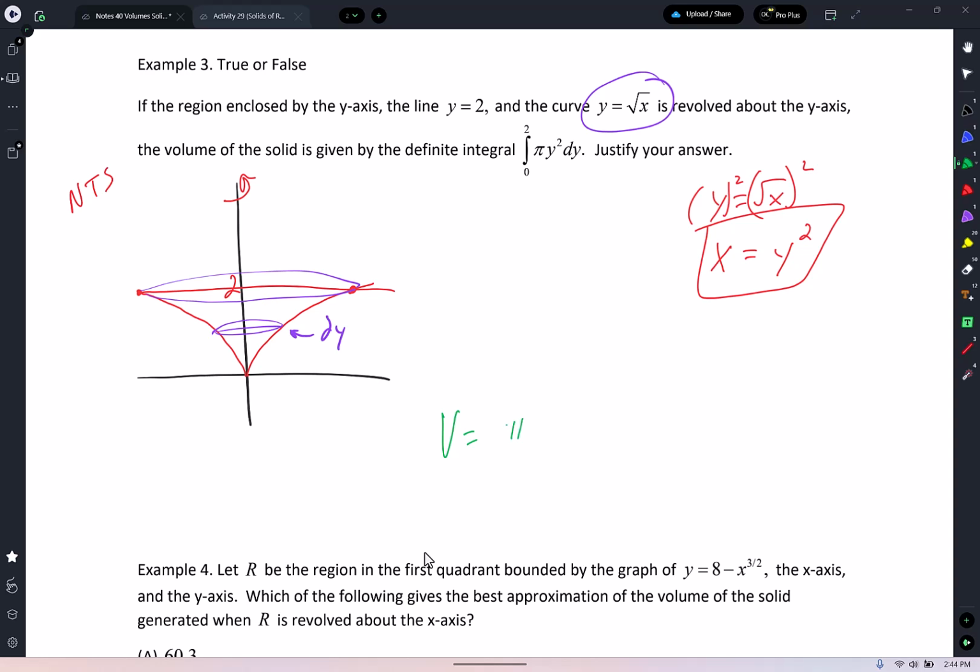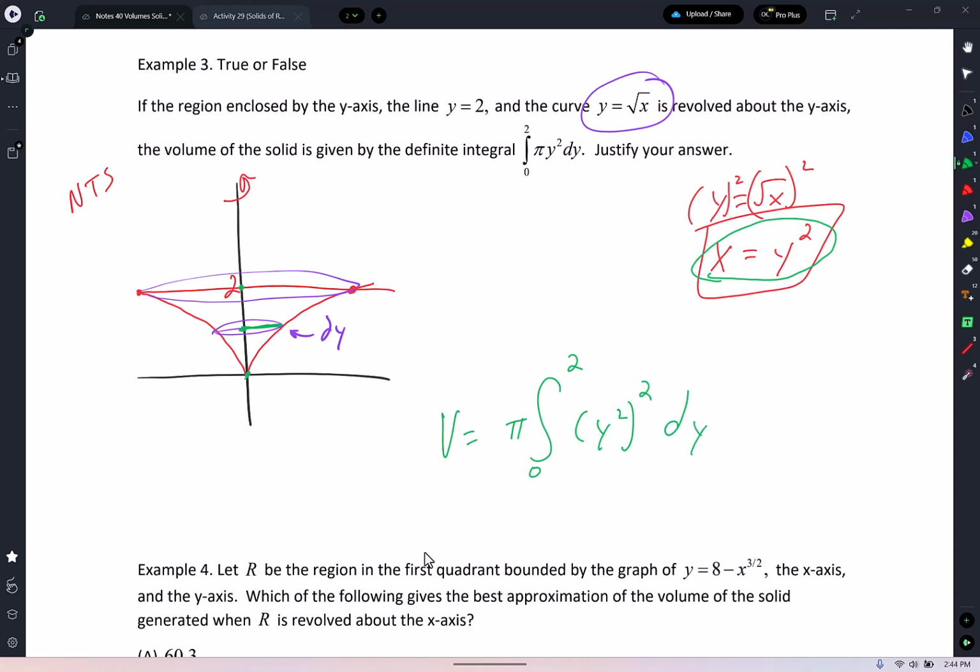Volume equals pi integral. My lower limit is 0, my upper limit is 2. And then my radius is the distance from the y-axis to that red curve, and that red curve is defined by y squared. So y squared, and then square it again.